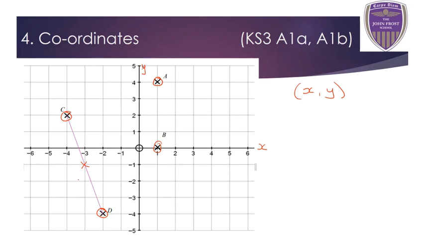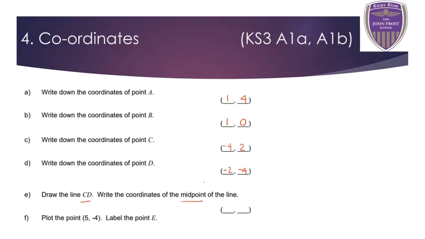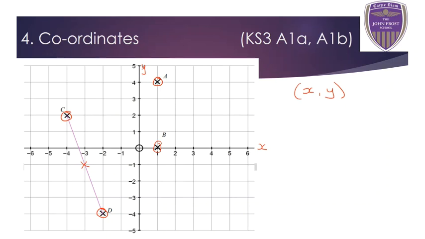All right. Hopefully you can see then the midpoint of this line is that point there. Okay, that's the middle of that line, the midpoint. So the question says to write down the coordinates of that point. Well, the coordinates of that point are -3, -1, because it's 3 to the left, 1 down. Okay, then question F says plot the point 5, -4, label the point E. So 5 means 5 here on x, -4 means down here.